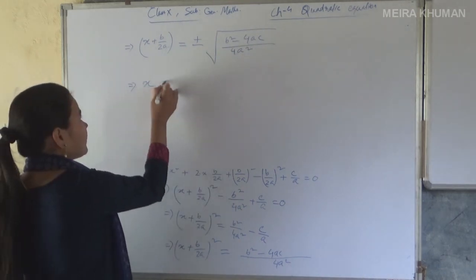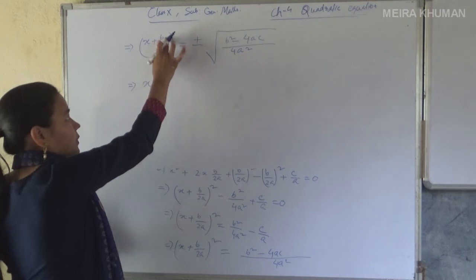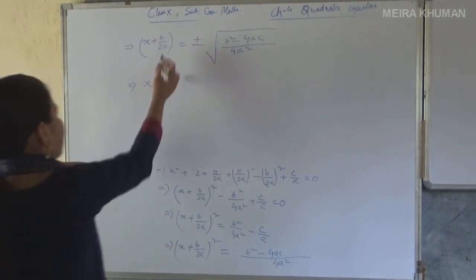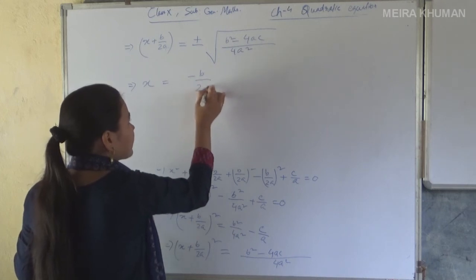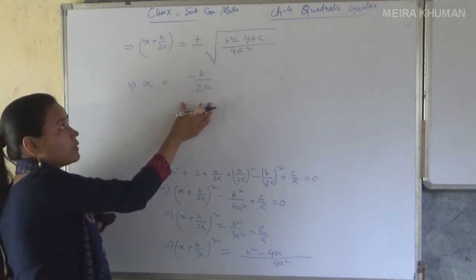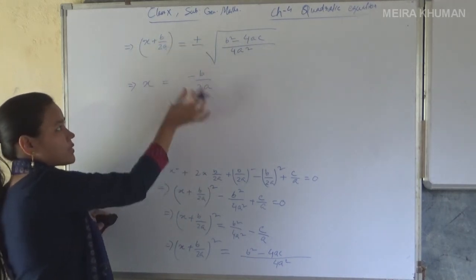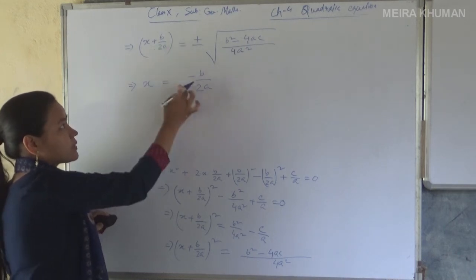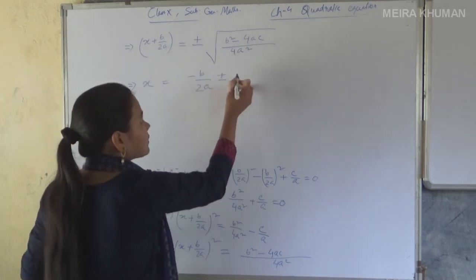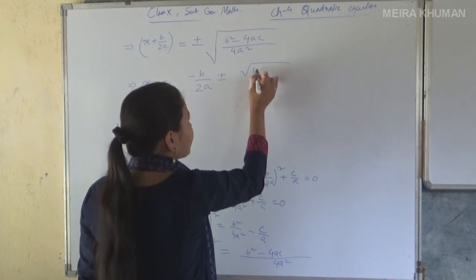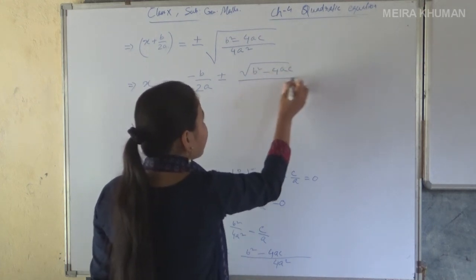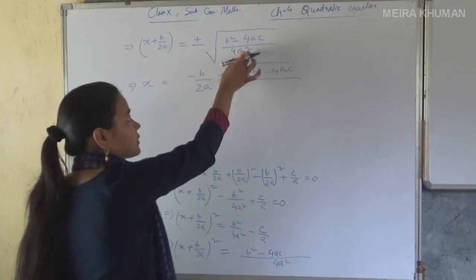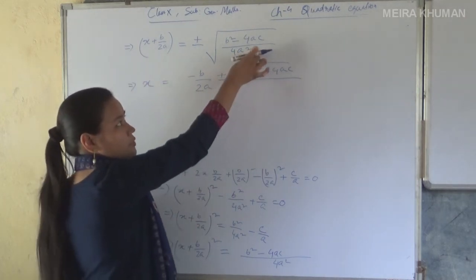Again here, x + b by 2a, so x equals minus b by 2a; you should bring here this minus b by 2a. If you transform to the right hand side, it will change sign, plus or minus root of b² minus 4ac, divided by 4a².